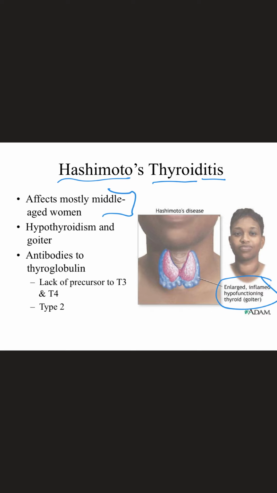But in general, what we see is hypothyroidism, which is an underactive thyroid characterized by a low secretion of T3 and T4, so thyroid hormone, and then the actions of thyroid hormone in the body.